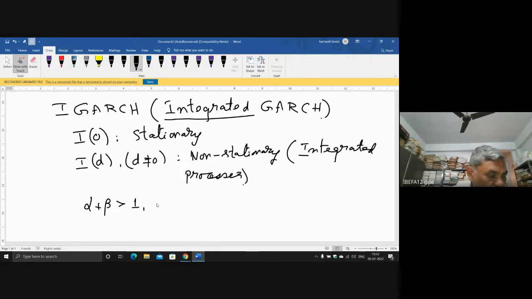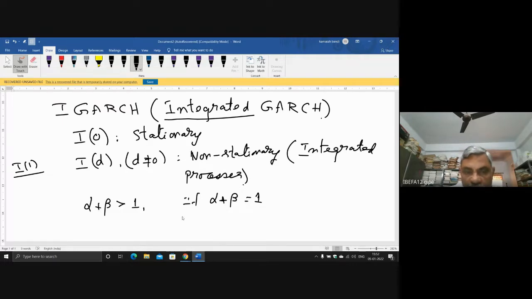So in that case, you may have to modify the conditional variance equation. Now suppose they are exactly equal to 1. If alpha plus beta equals 1, then this is an integrated process, like an I(1) process.